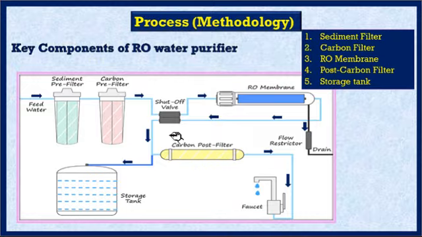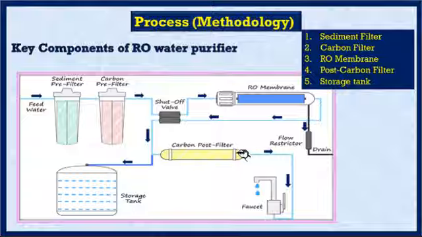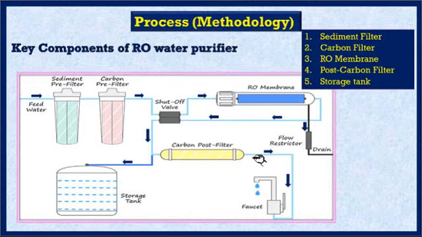If any impurities are still remaining in the water, they will be removed in this post filter stage. So this is used to remove all the remaining impurities from the water. These are the main components of the RO water purifier.